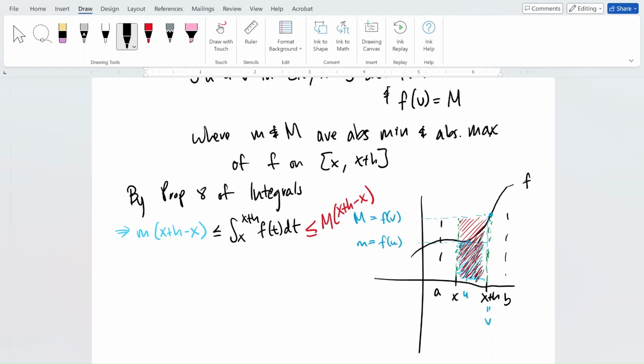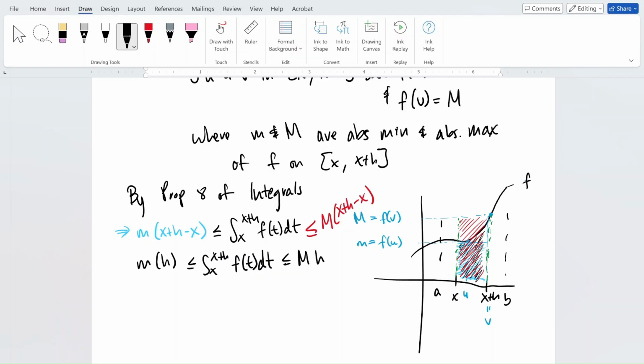So property number 8 is just a way to estimate and bound your precise value of the area under the curve for your integral. When I simplify, I get m times h is less than or equal to the integral from x to x plus h of f of t dt, which is less than or equal to capital M times h.